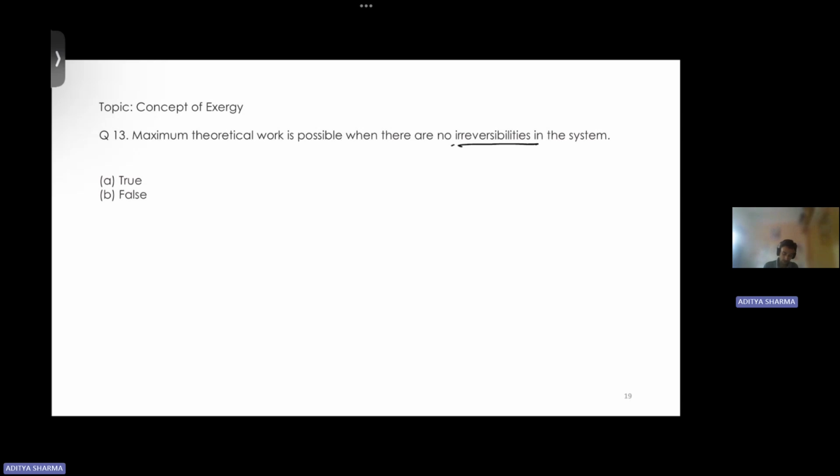So when the statement says that it is possible when there are no irreversibilities in the system, that is, the system is internally reversible, in that case, the statement is a true statement.